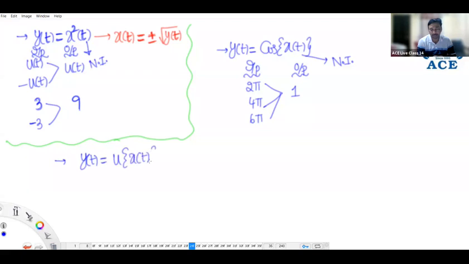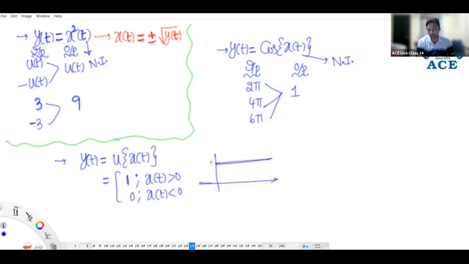Similarly, if I give u of x(t), what is the mathematical form we have written? 1 for x(t) greater than 0, 0 otherwise. So take any change in positive amplitude of input.